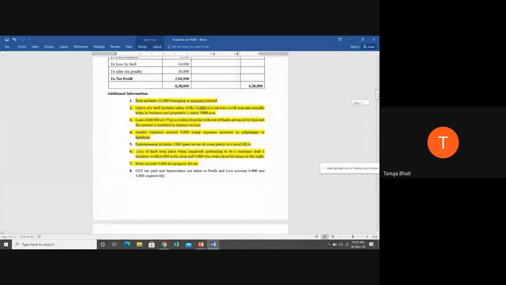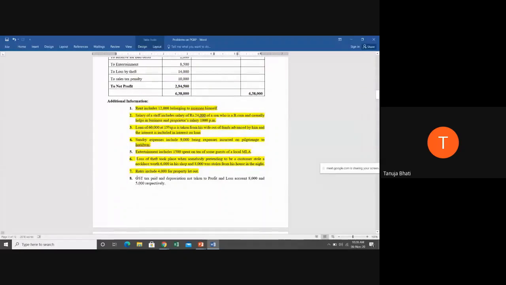Okay. Now next, let us see if any additional information is left. GST tax paid and depreciation not taken into account in the profit and loss account. So tell me, students, GST tax, whatever is being paid, is it a business tax or a personal tax? Business tax, ma'am.